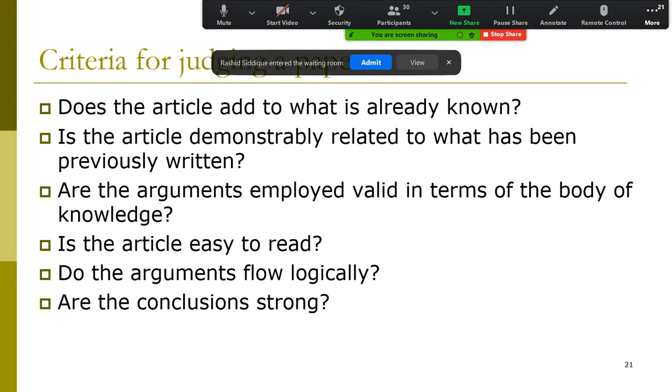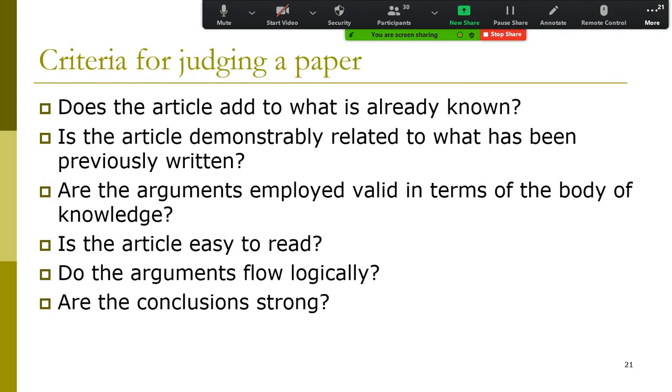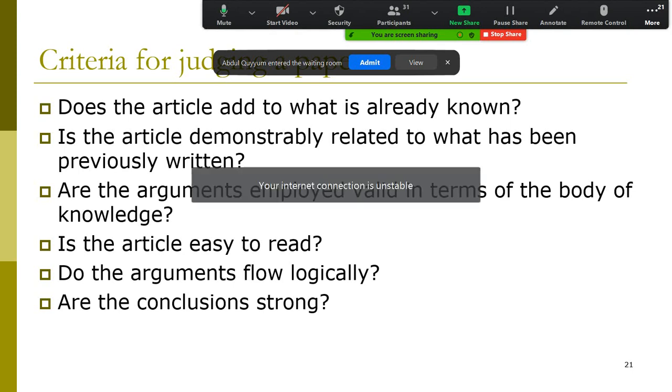There must be logical flow in the articles. The arguments should be based on the results or should be related to the body of knowledge. The article should be easy to read. Do the arguments flow logically? Are the conclusions strong? Strong means based on the results and grounded in the available literature also.